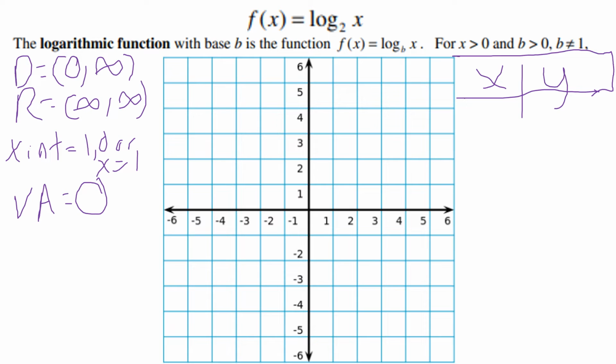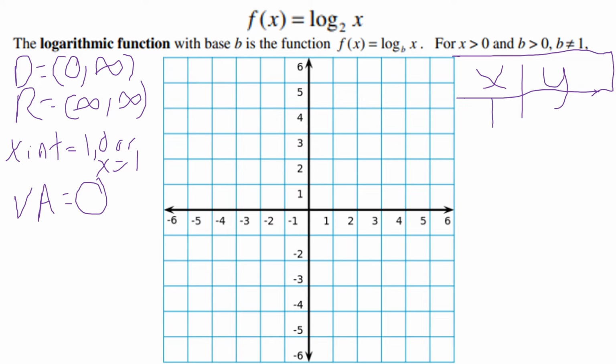So let's go ahead and get started. All right. So the 2 is my base. The x is just that. And so what we're trying to do is find y, right? So let's see what happens when x is 1.